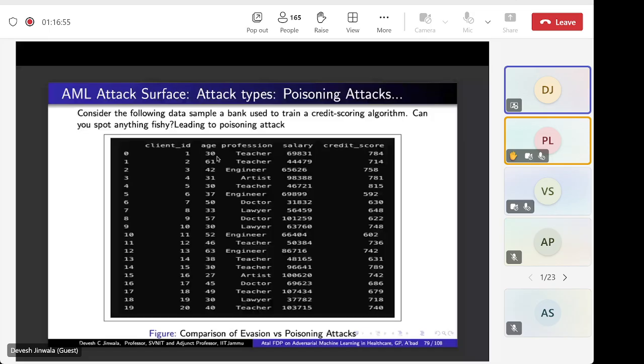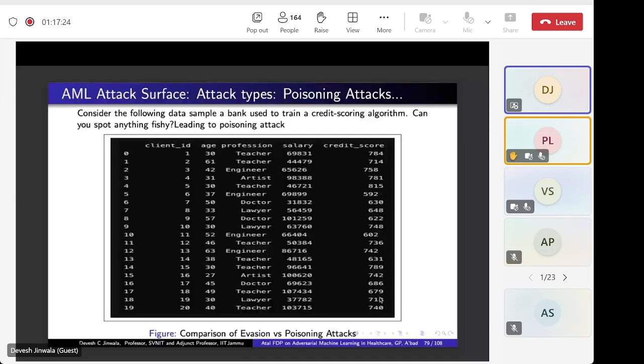If that were the case, then with age 30, you are able to see the credit score as 784. Again, when the age is 30, you see a score of more than 700. Again, when the age is 30, irrespective of whether the profession is teacher or lawyer, here again it is teacher, here it is again lawyer. So whatever the profession may be, as long as the age is 30, the credit score always goes above 700.